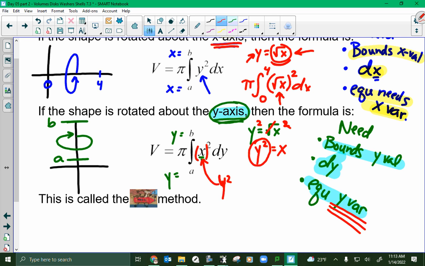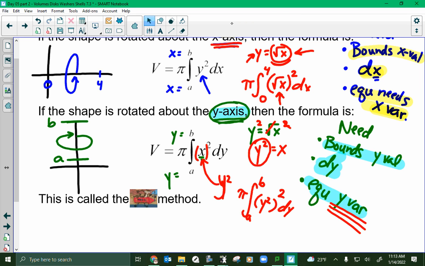So when I rewrite this, I would integrate this from, I don't know, a to b on the y-axis. Okay, multiply times pi. My radius is y squared. I still need to square whatever that is, dy.